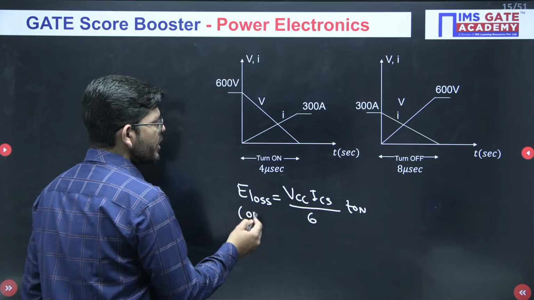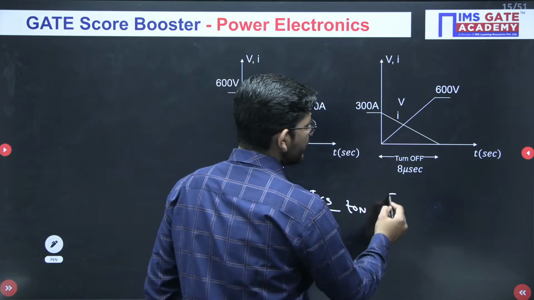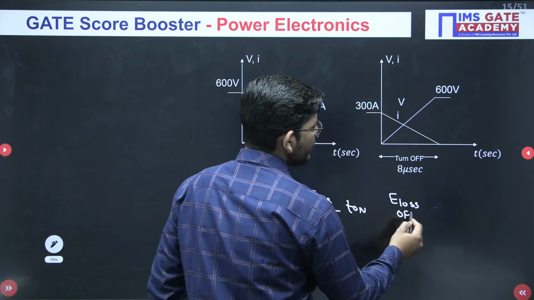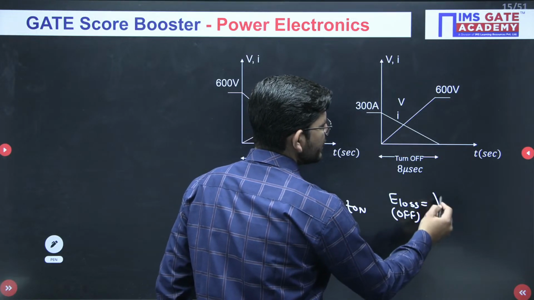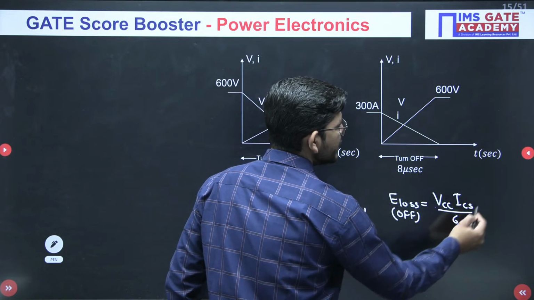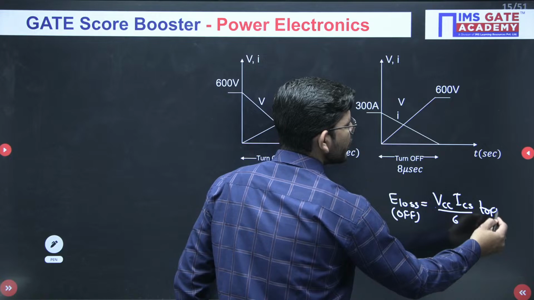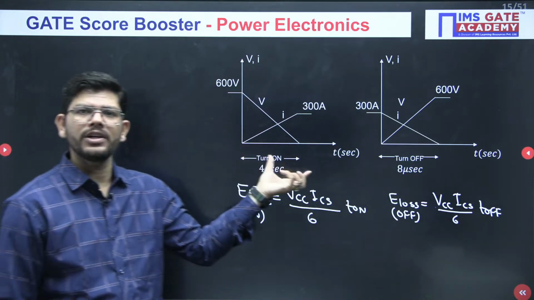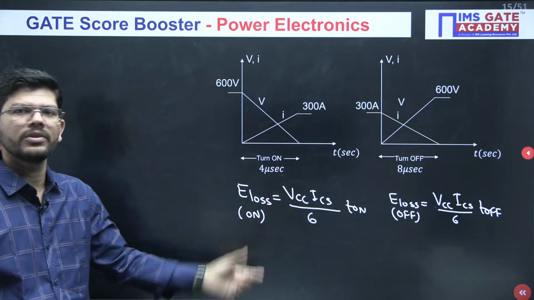This is the energy loss during the on time. And similarly, what could be the energy loss during the off time? During the off time, it has the same formula, VCC into ICS divided by 6 into T off. So if the characteristics exactly match this particular shape, we can directly use these formulas.